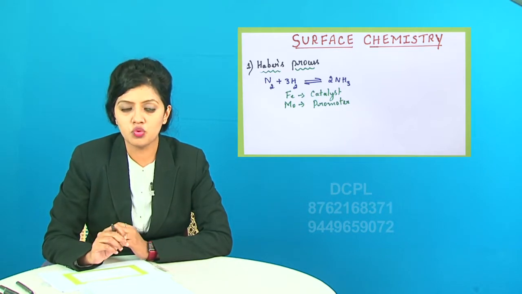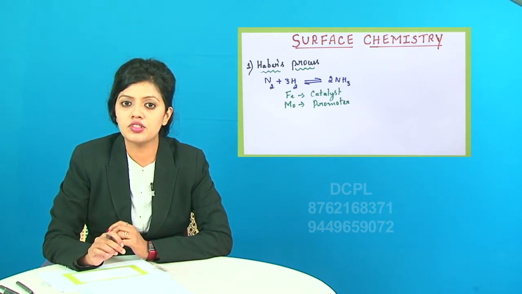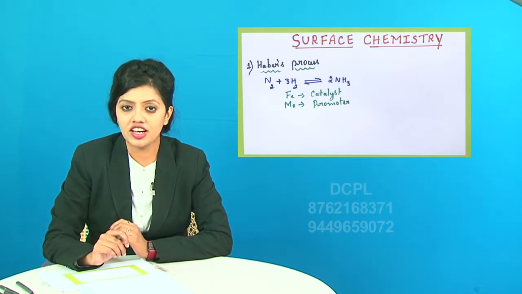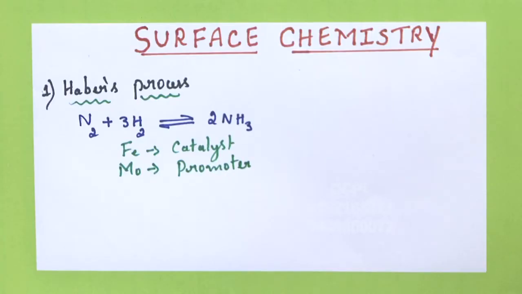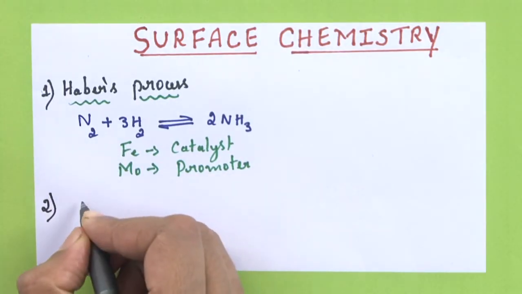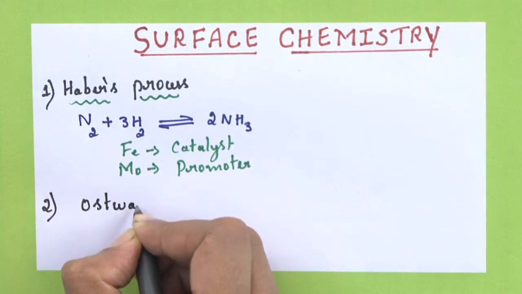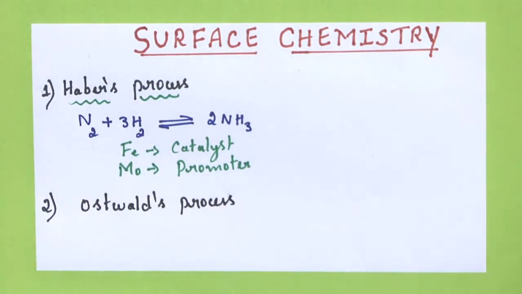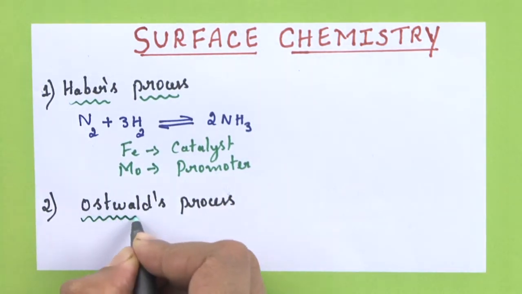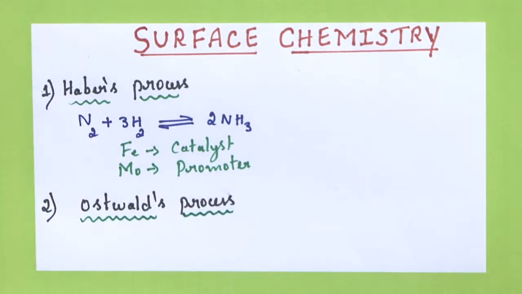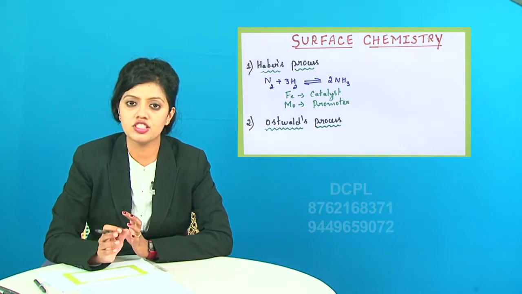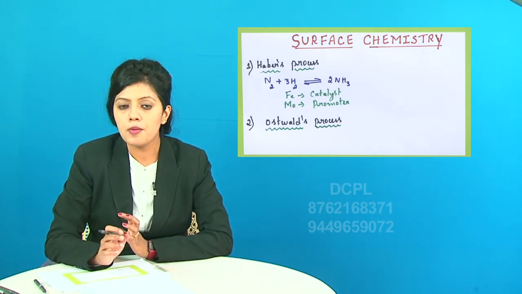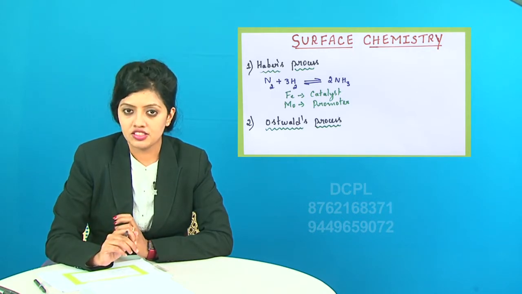Now let us consider one more example. This example is nothing but a step which is involved in the manufacture of nitric acid by Ostwald process. So the second reaction is Ostwald's process in the manufacture of nitric acid. The reaction is between the oxygen and the ammonia in the presence of a catalyst rhodium or platinum to give nitric acid.